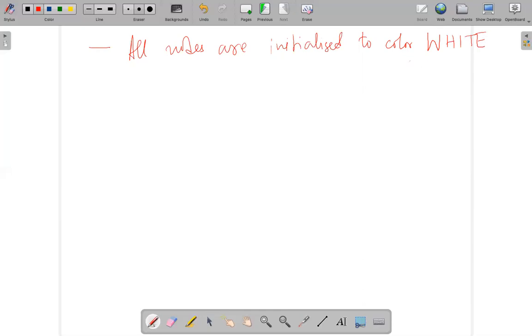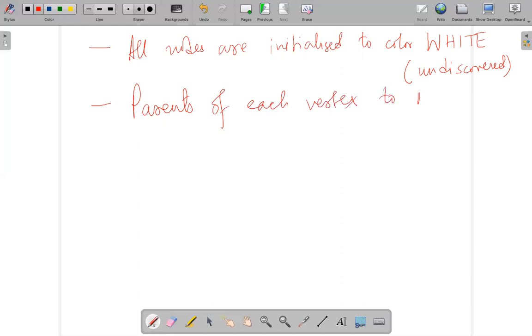So this white color also indicates that the node is undiscovered. The node is undiscovered so far. Okay. And we will also set the parents of each vertex to null. These are the two initialization steps. Okay.